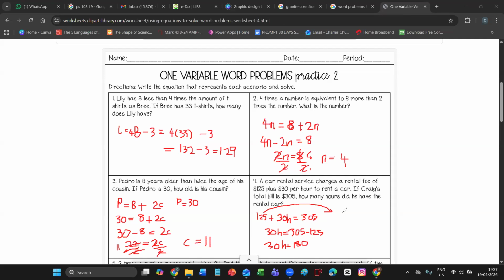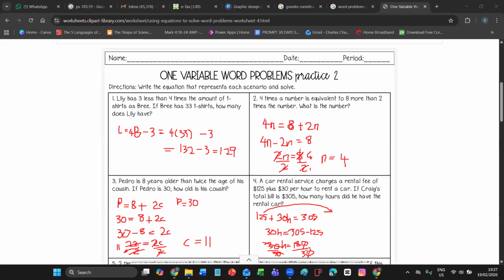If I divide both sides by 30, this is what will happen. 30 will cancel out 30, and that would leave me with 1h on that side. And 30 would take out 180 to leave us with what? 6.